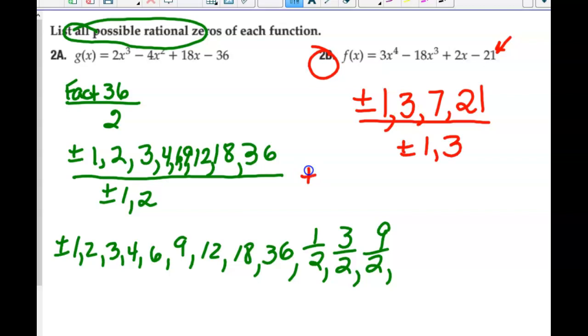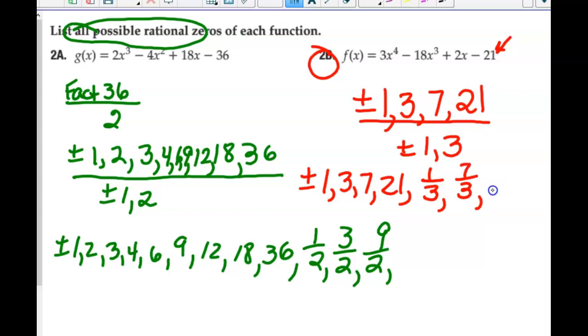So can anybody put that into one big list? 1, 3, 7, and 21, if you put them all over 1, but then when you go back and put them over 3, you get what? 1/3. 3 over 3 is 1. We already got that one. 7/3. 21 over 3 is 7, and that's already on our list. Okay. Everybody good? Need help? Okay.